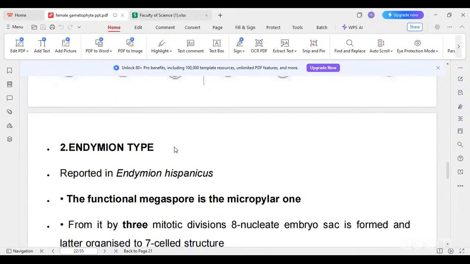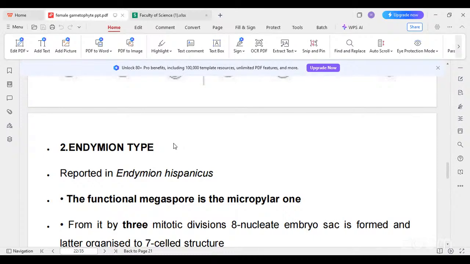Coming to the second one, the Endymion type. The Endymion type was reported in Endymion hispanicus, the plant name. It proceeds by three mitotic divisions.